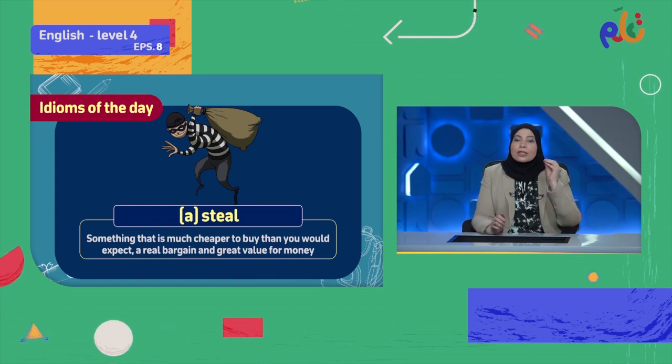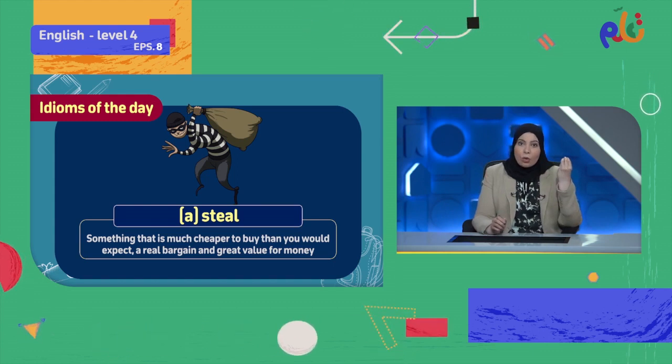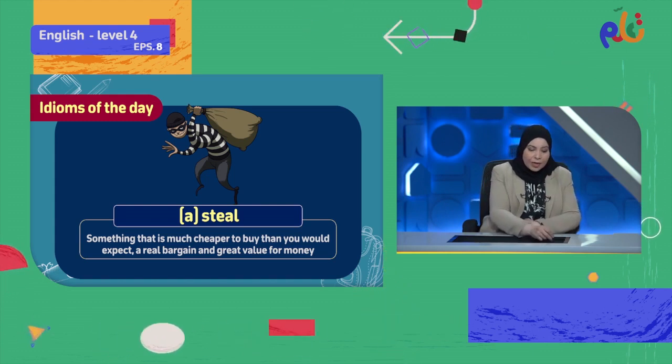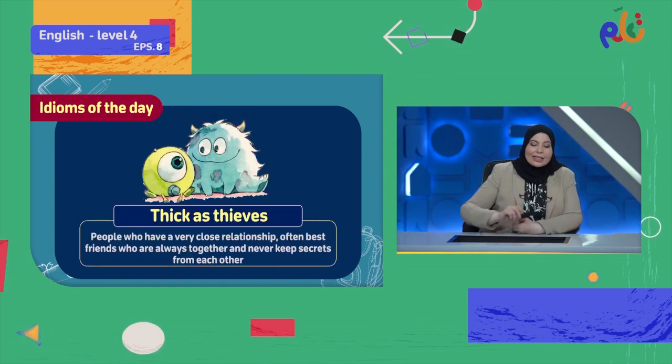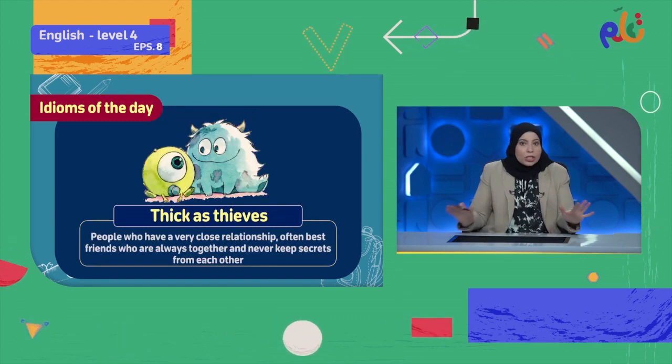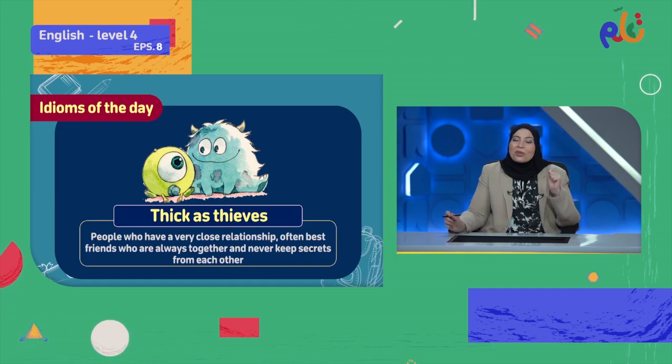It's connected to having something as a very good deal or something with a very good price. And the third one has the criminal thief, which is not connected to thieves. It's connected to strong relations if I am very close to someone. By this, we have looked at the most famous idioms that are connected to the words for crime and criminals.